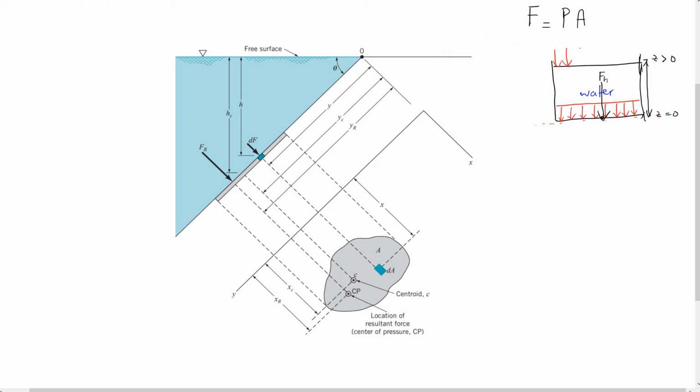If you assume gauge, then it's 0. Since pressure is 0 at the top, as you go down, pressure will increase.